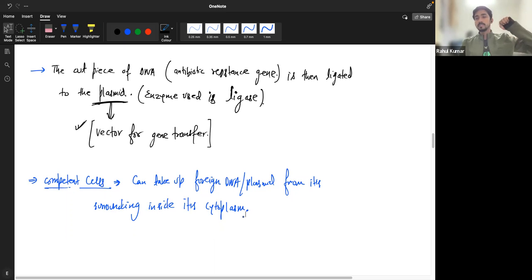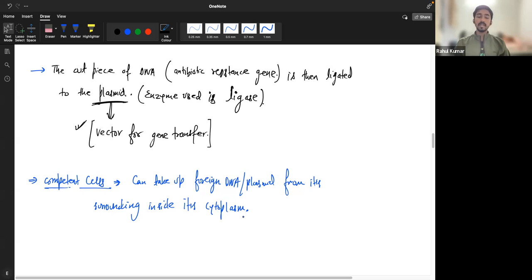So till now, just to recap what we have studied, there are 3 steps that we have to follow whenever we want to genetically modify any organism. First, we have to identify the gene or the DNA that has the desired characters that we want to transfer. So first is identification of our gene.